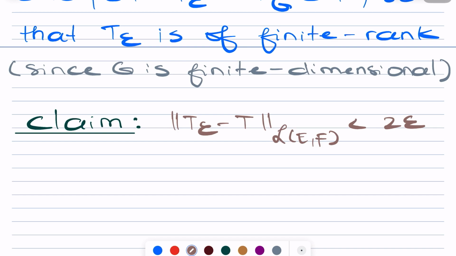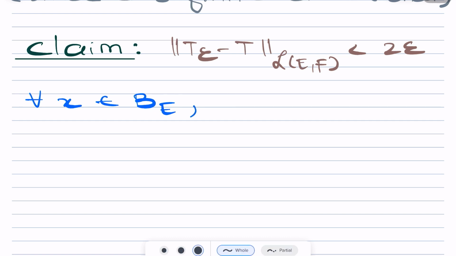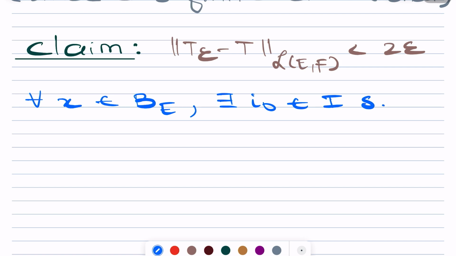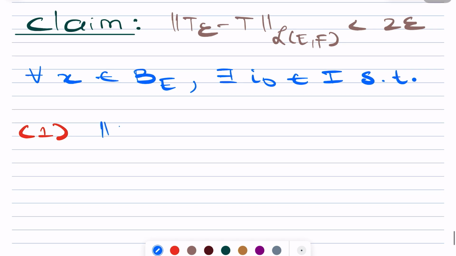Okay, so let's prove this. For every x in the closed unit ball, there exists an element i0 in I, call this relation 1, such that the norm of Tx minus Fi0 is strictly less than epsilon.